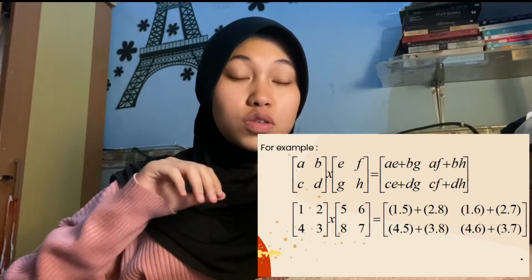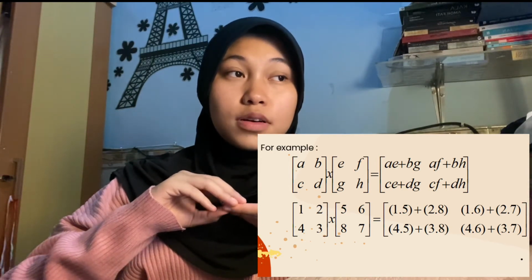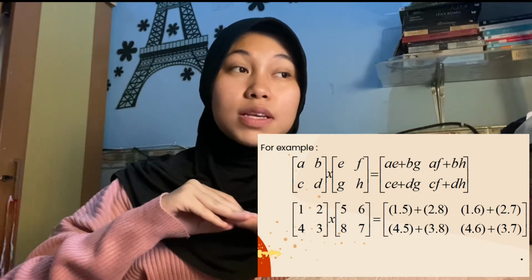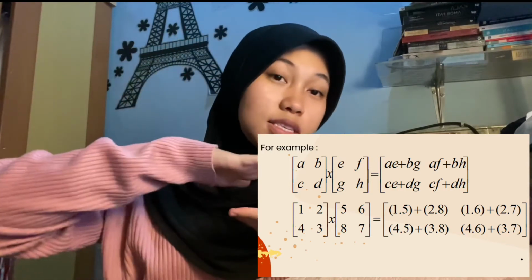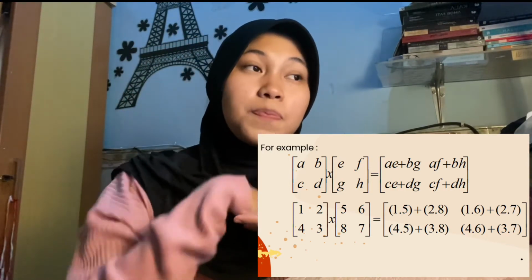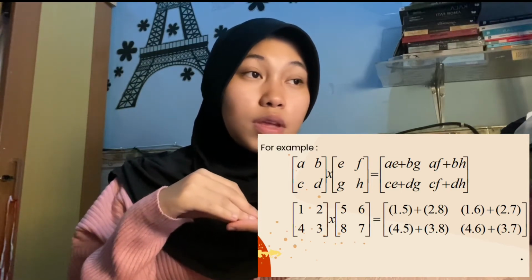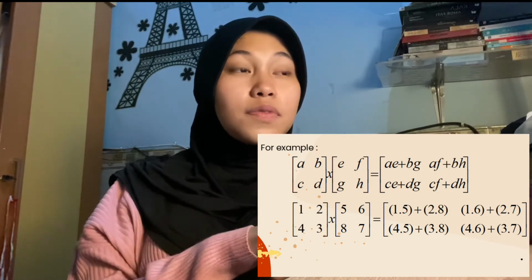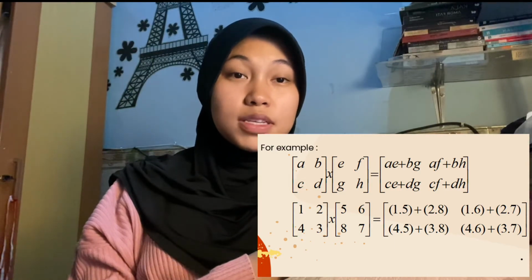It is 2 rows and 2 columns, and then we're going to multiply them, like 1 multiplied by 5 plus 2 multiplied by 8, and then 1 multiplied by 6 plus 2 multiplied by 7, and the same goes for 4 multiplied by 5 plus 3 multiplied by 8, and 4 multiplied by 6 plus 3 multiplied by 7.